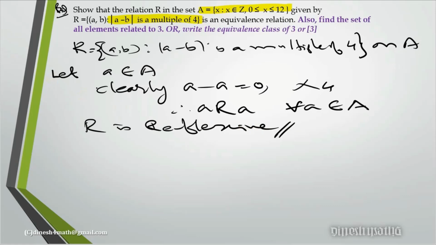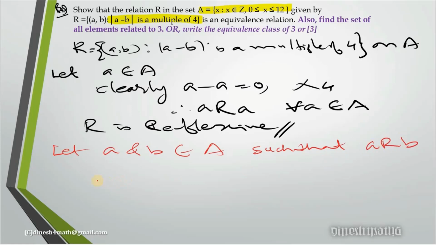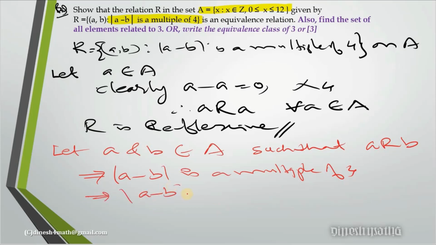So R is reflexive. Second part, we need to say let a and b belong to capital A such that a is related to b. Now remember again the question, how a and b are related. They are related as magnitude of a minus b is a multiple of 4. So either you can write multiple of 4 or simply you can write magnitude of a minus b is equal to 4m.